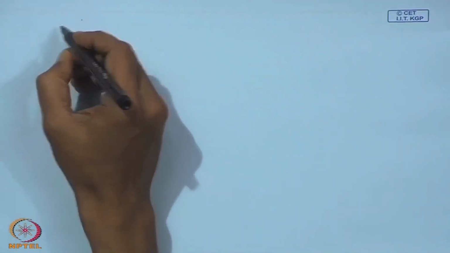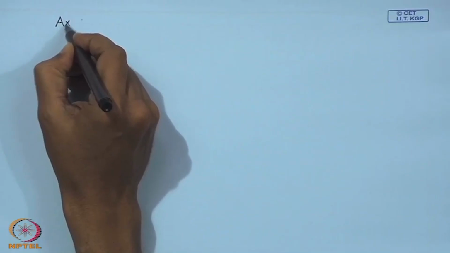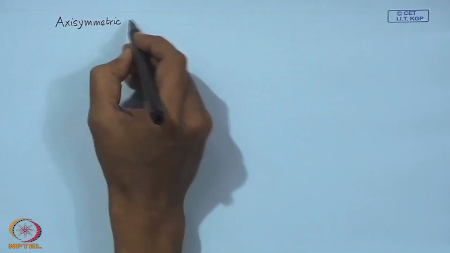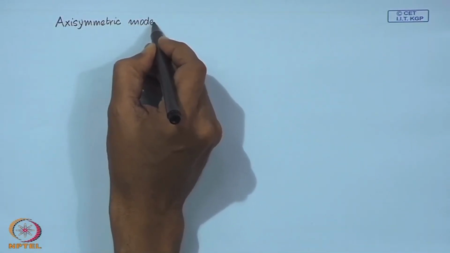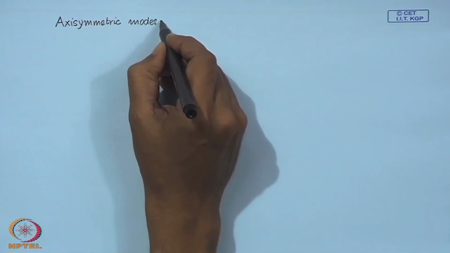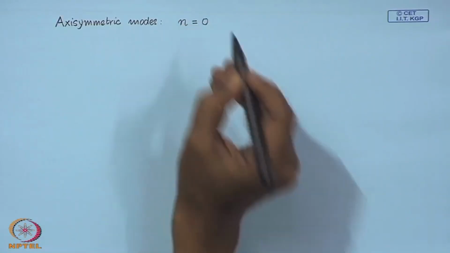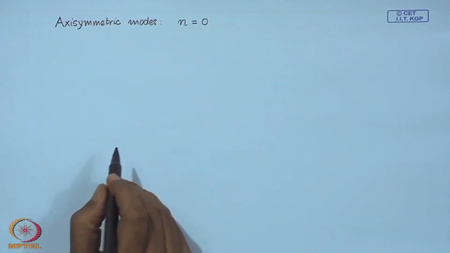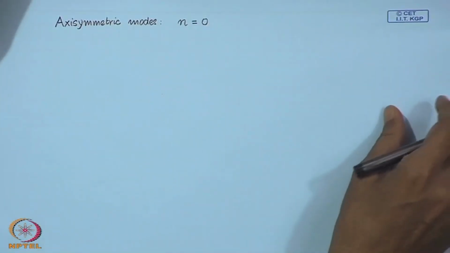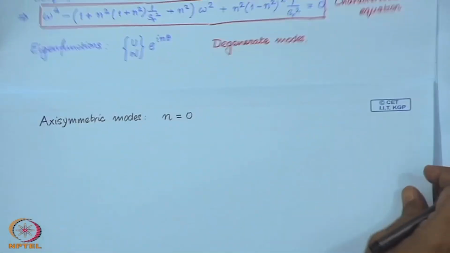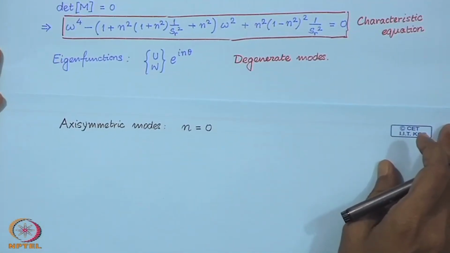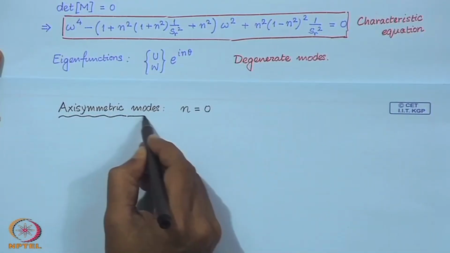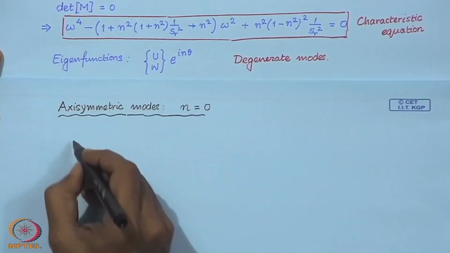So, let us consider axisymmetric modes, n is equal to 0. If n is equal to 0, then you can see straight from here.